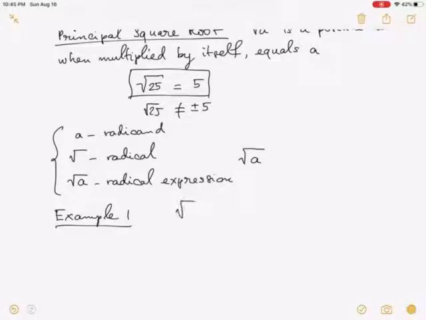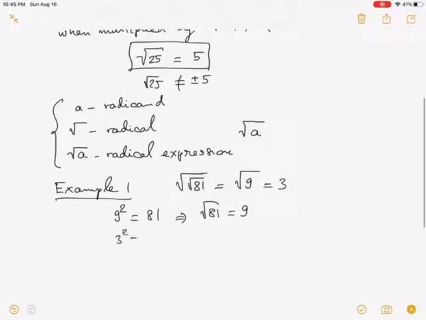Example 1. What is the square root of 81 and the square root of 9? So the square root of 81 is 9, because 9 squared equals 81. Therefore the square root of 81 is 9. And the square root of 9 is 3, because 3 squared is 9.